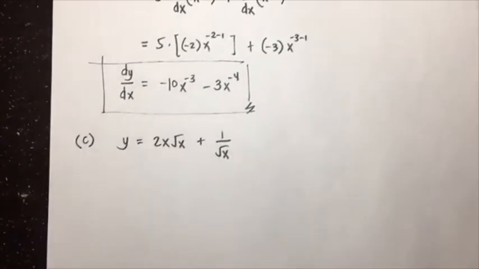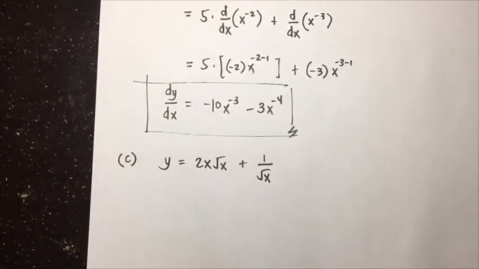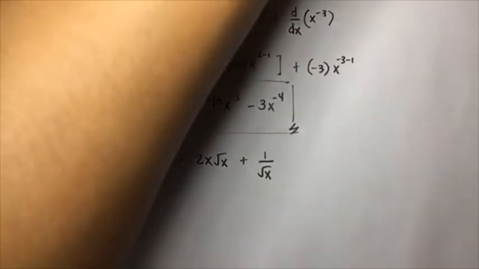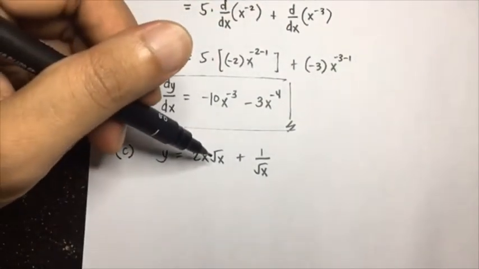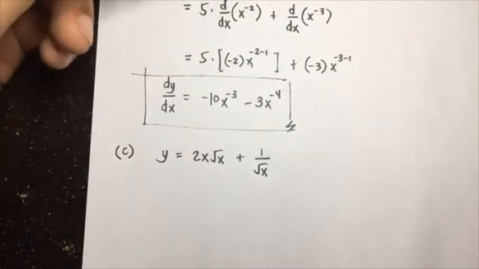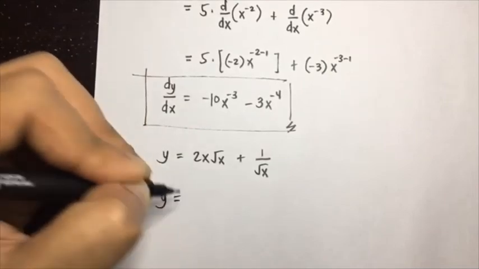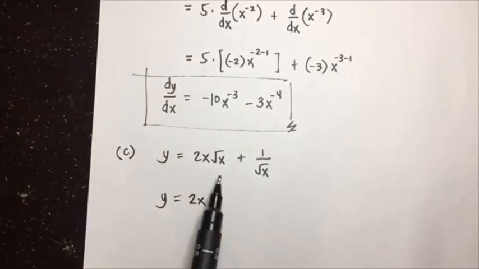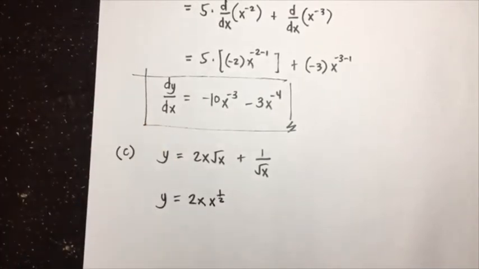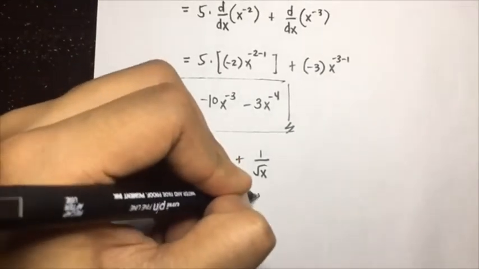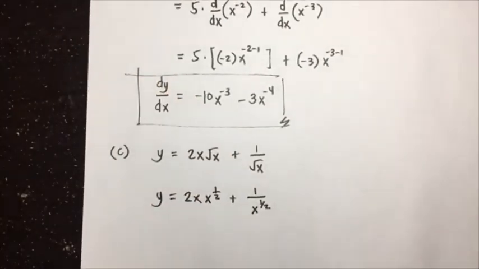For us to apply the power formula for x, we need to express the radicals into their exponential forms. So this will become y is equal to 2x square root of x is x raised to 1 half, plus 1 over x raised to 1 half.